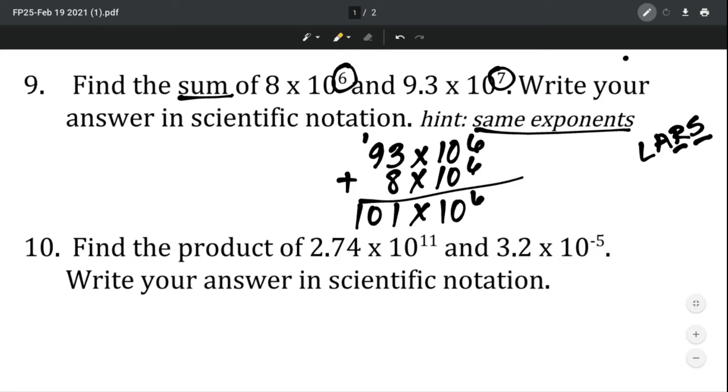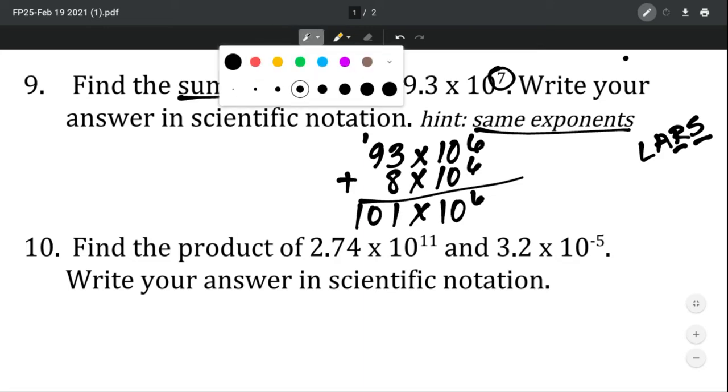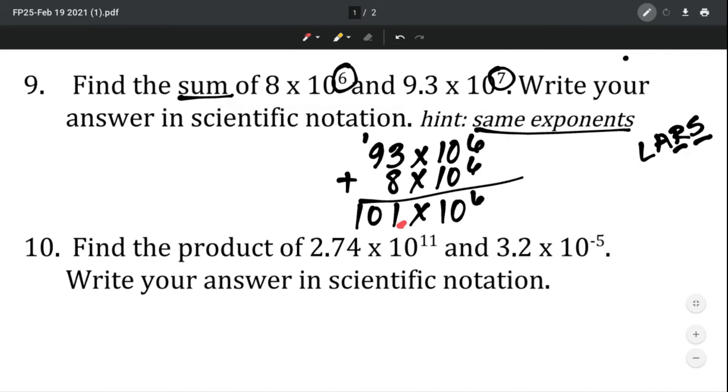So we need to manipulate a decimal for that first number so that we get a number between 1 and 10. So I'm going to take the decimal, if it's out of sight, it's on the right, and move it 2 places to the left, right? So if I'm going left, I have to add to my exponent. So I went left 2, so I have to add 2 here.